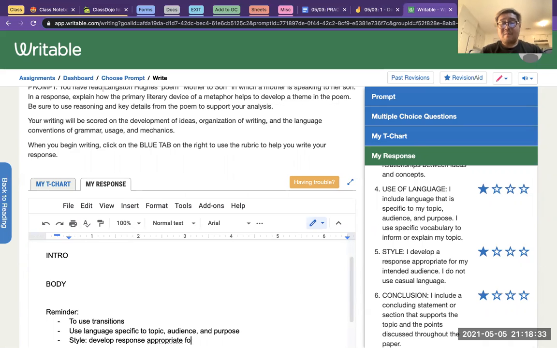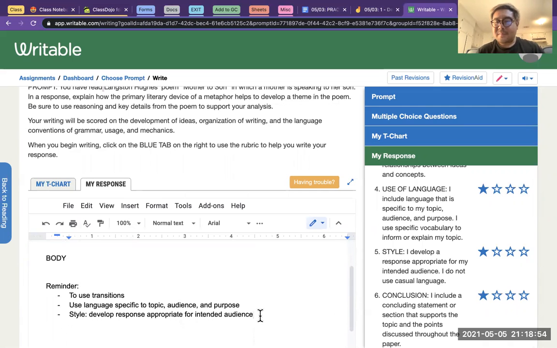appropriate for intended audience. Okay, you have to think, who are you writing for? Are you writing for children? Are you writing for adults? Remember, it's an informational text, but all informational texts don't apply to every single person in the world, right? There's different audiences. So who's your audience?